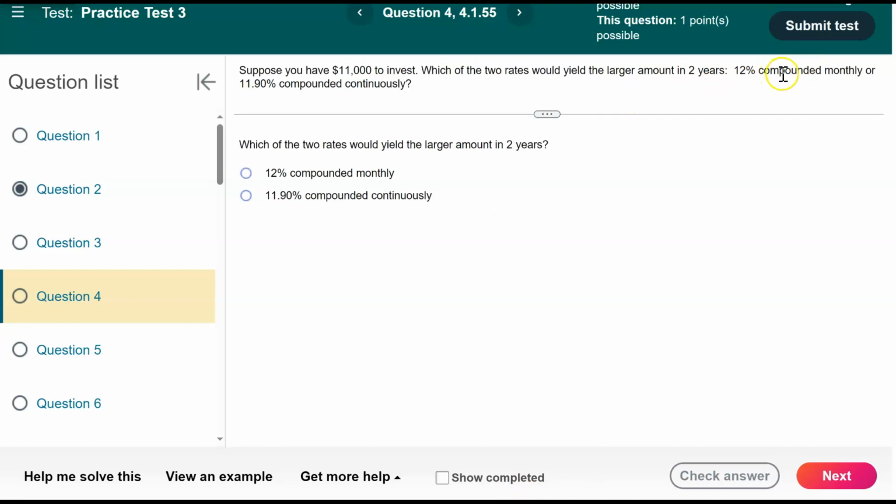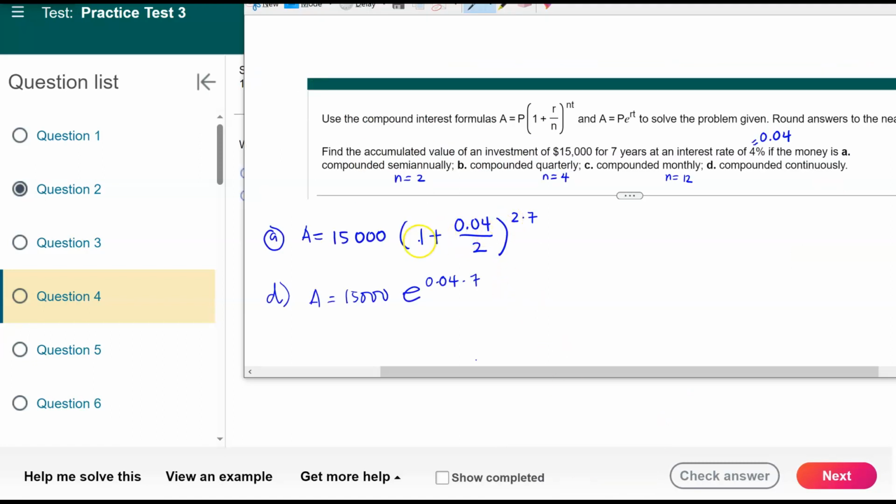This is for monthly compounding. You use this formula here for the first option, and this is for the second option. That's the formula for compounded continuously.